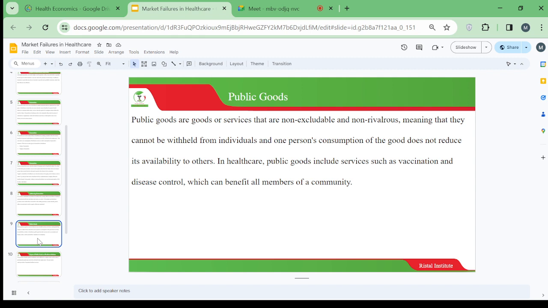So healthcare services can be termed as public goods. Vaccinations, disease control, all these are actually public goods and they benefit all members of society. So that means that they are not private goods. Health can be looked at as a public good but not as a private good.